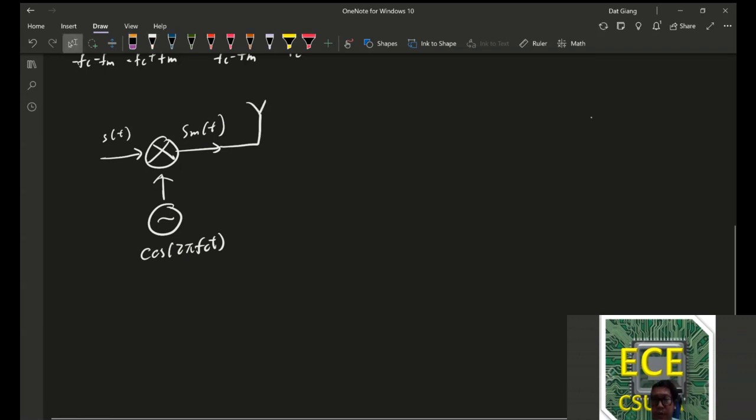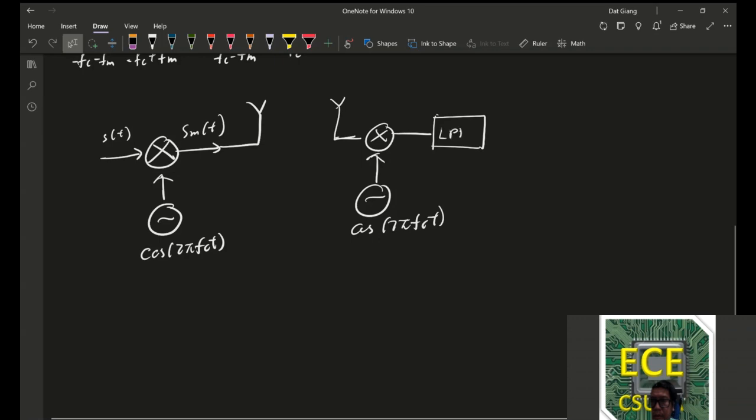Now, at the receiver, we have to demodulate it by multiplying it with a local oscillator of the same frequency, cosine of 2 pi fc t. And then we pass it through a low pass filter with a window of fm to minus fm.